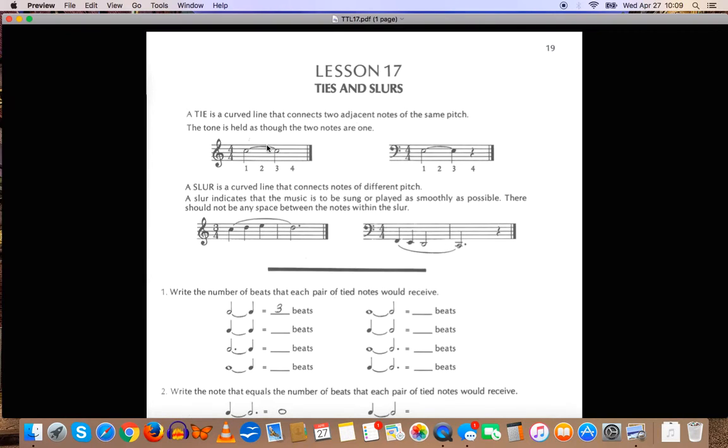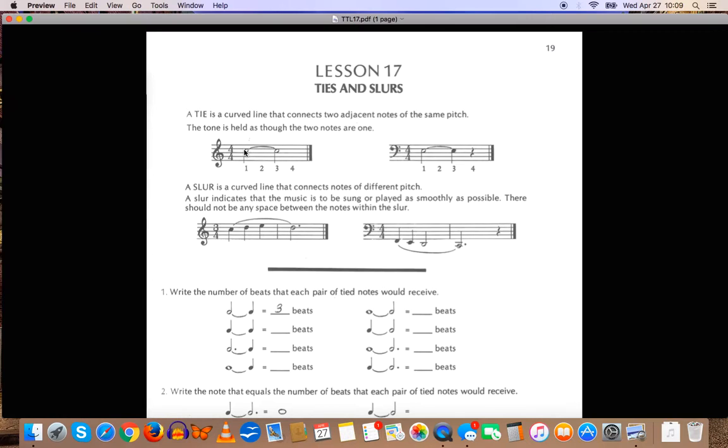As you can see, both of them are indicated by an arch over a group of notes, two or more notes. But you see this tie, the note is the same. And here, under the slur, these notes are different notes. The only difference really is that a tie makes two notes sound as one.